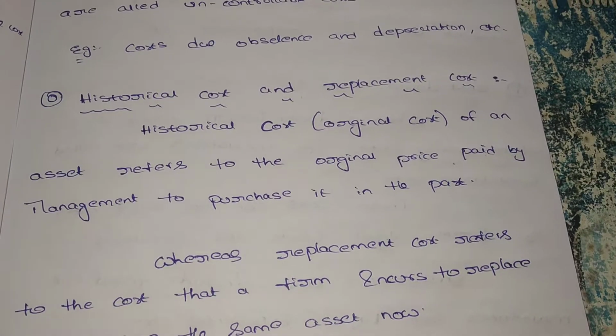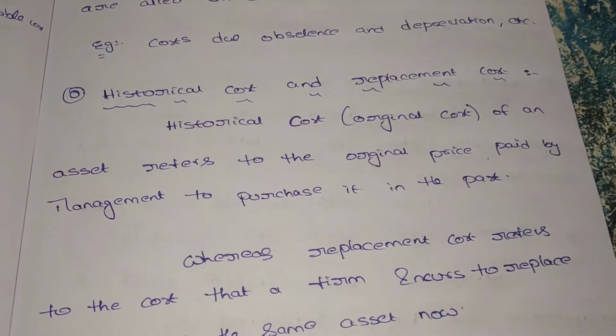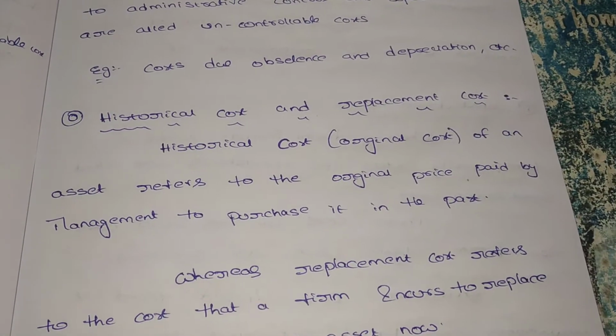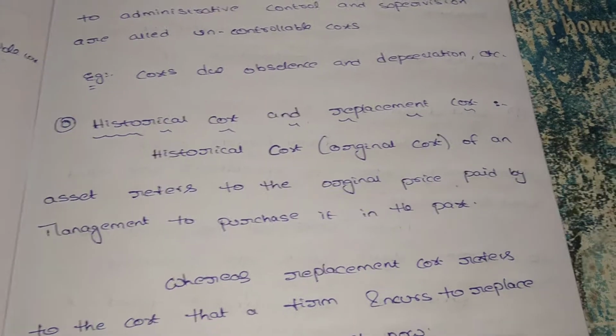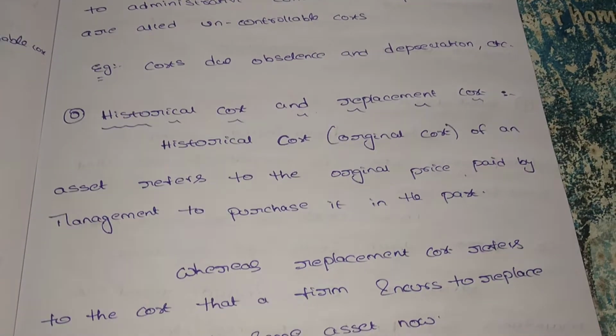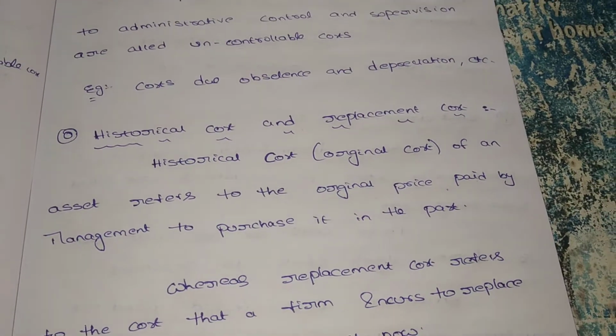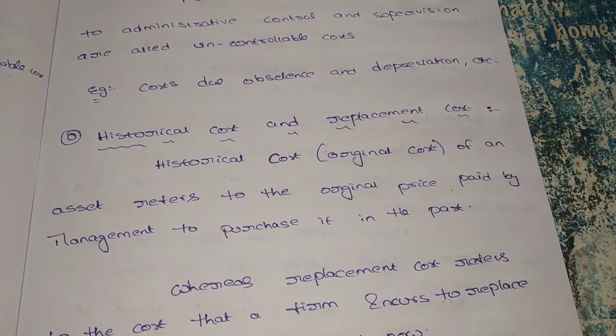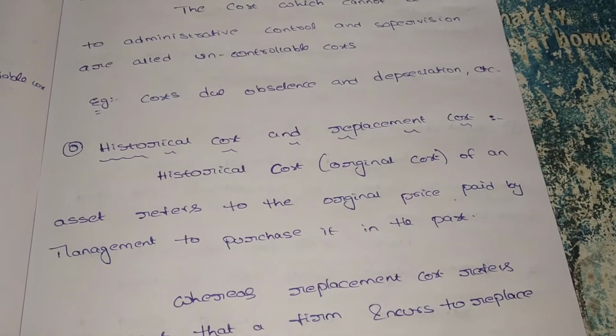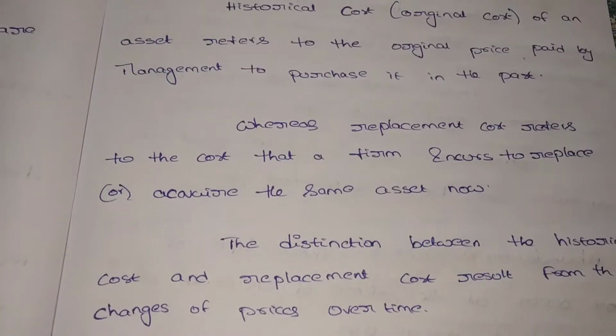Suppose in the past, in 2019, I purchased the land, the cost is 1 crore, but now the cost of the asset is 1.5 crore. So what is replacement cost? That 1.5 crore is the replacement cost. If there is any change in the purchase of an asset, or we are acquiring something new, you can say it is a replacement cost.